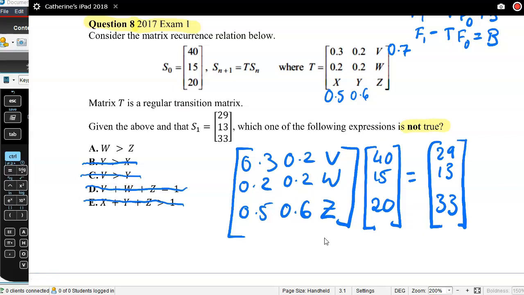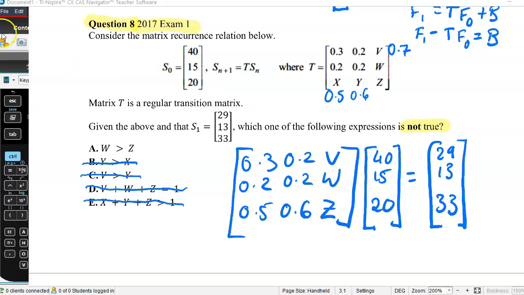Let's just double check that the other one is not true. So let's get what w is. Sorry, I'll take a step back. To figure out what w is, we know that 0.2 times 40 plus 0.2 times 15 plus w times 20 will give me 13.